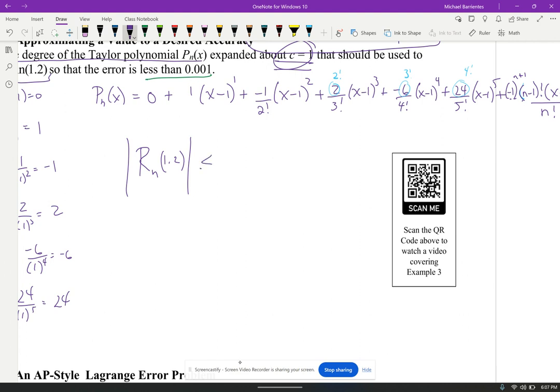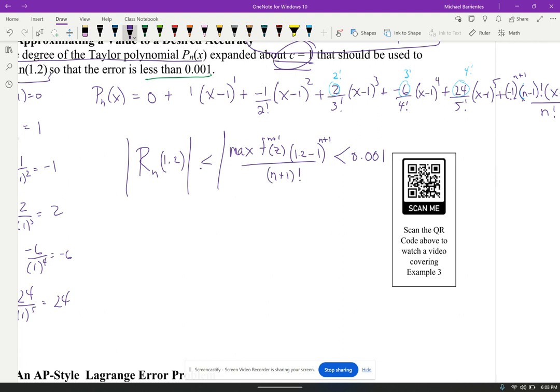It has to be less than 0.001. But what was the formula for this? What did the Lagrange error bound tell us? That this had to be the max of the n plus 1th derivative evaluated at some z times x minus c to the n plus 1 divided by n plus 1 factorial.